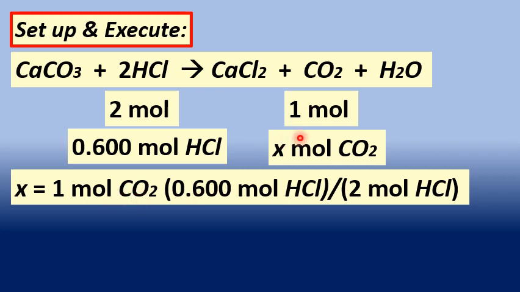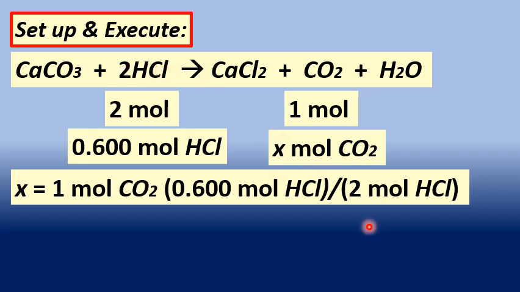by the number of moles of hydrochloric acid that's available as computed earlier, 0.600 moles. And then divide this by the number of moles of hydrochloric acid as defined by our equation, or the stoichiometric ratio.